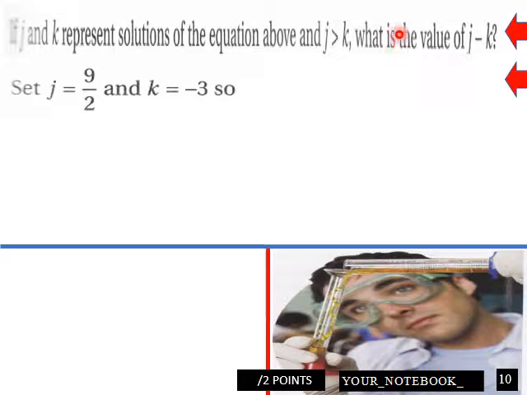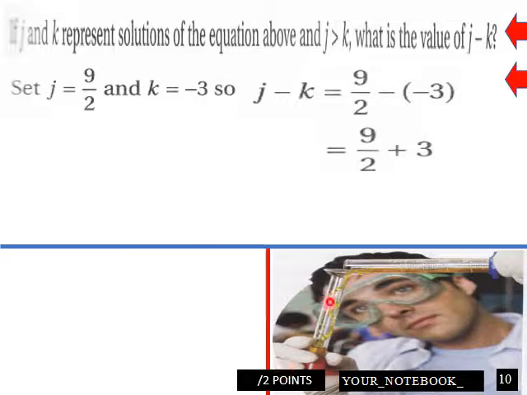So j equals 9 over 2 and k equals negative 3. j minus k equals 9 over 2 minus negative 3, which is 9 over 2 plus 3, or 9 over 2 plus 6 over 2, which is 15 over 2.